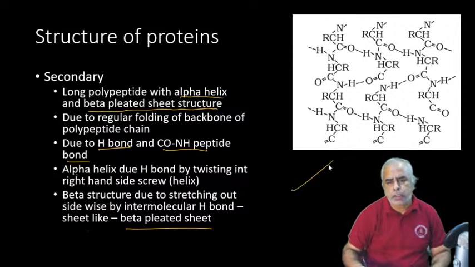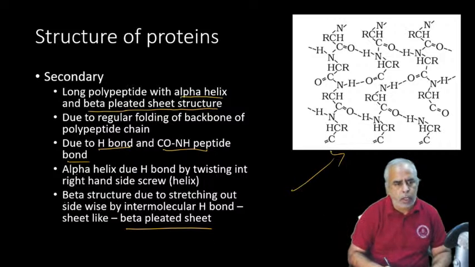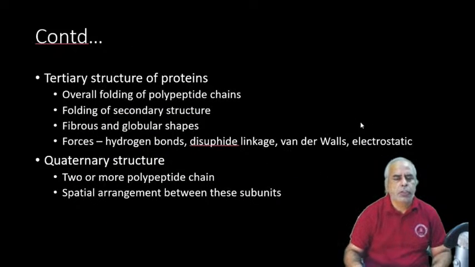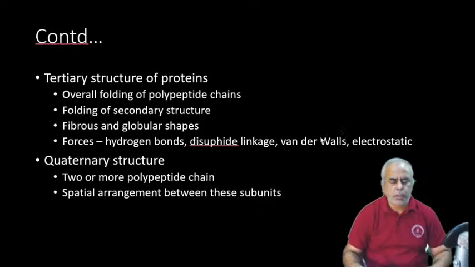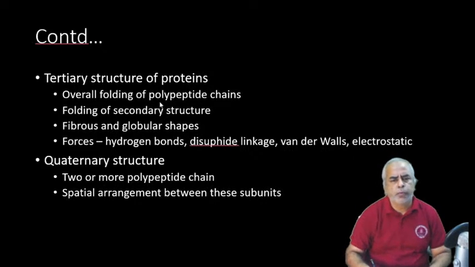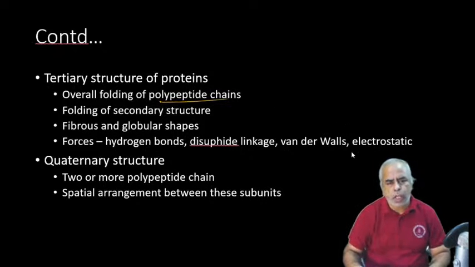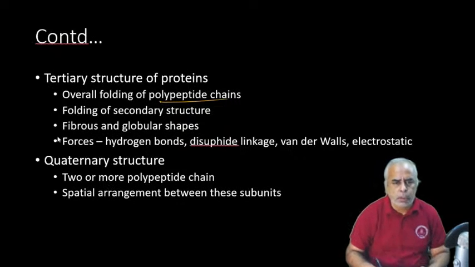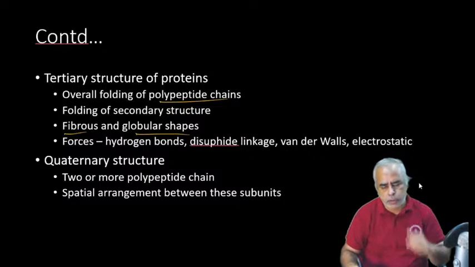So they result in such types of structures. And then we have the tertiary structure of protein. This is the overall folding of polypeptide chains, and the secondary structures can be further folded. Then it forms fibrous and globular proteins that we have already discussed.